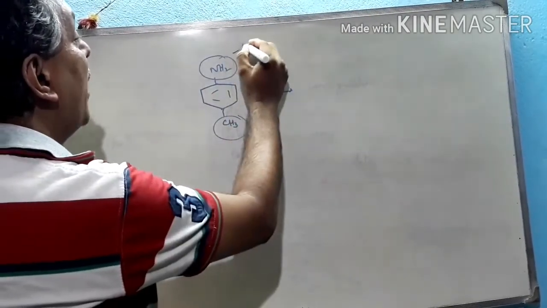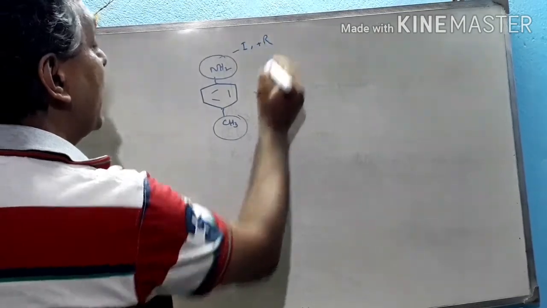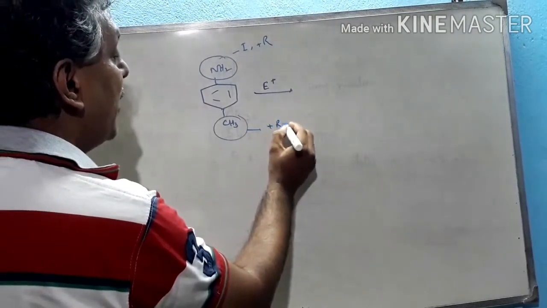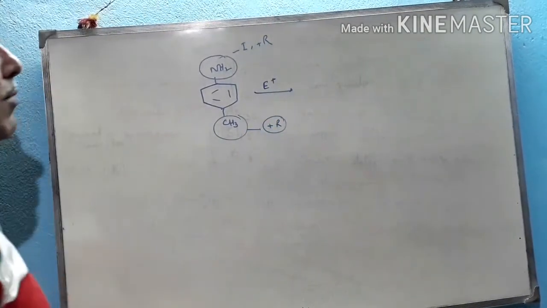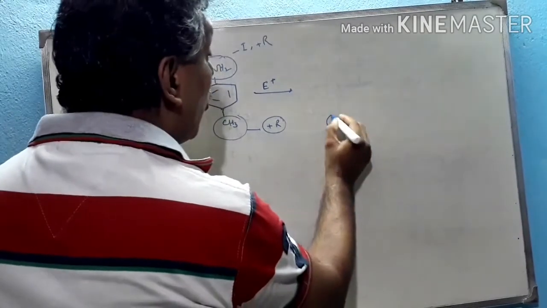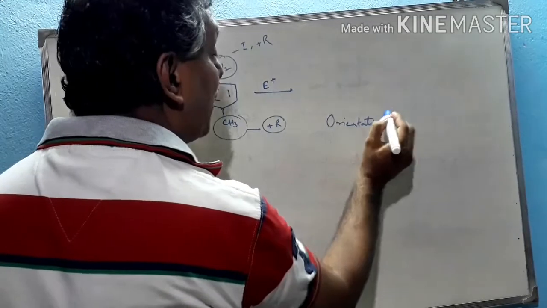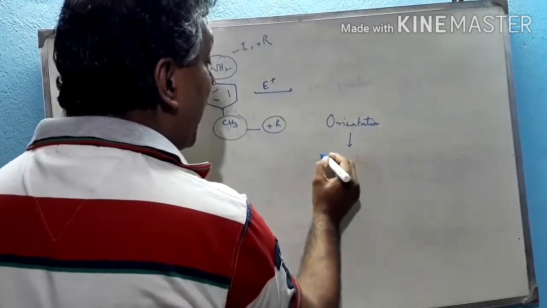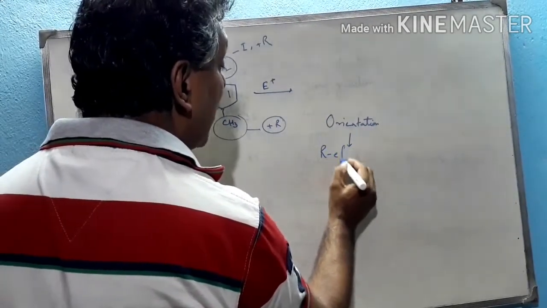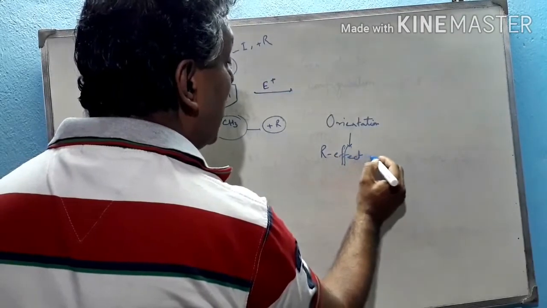One has minus I but plus R effect, and the other has only plus R effect but also a hyperconjugational effect. But the orientation of an electrophile or a nucleophile, whatever it may be, depends on the R effect of the group already present.